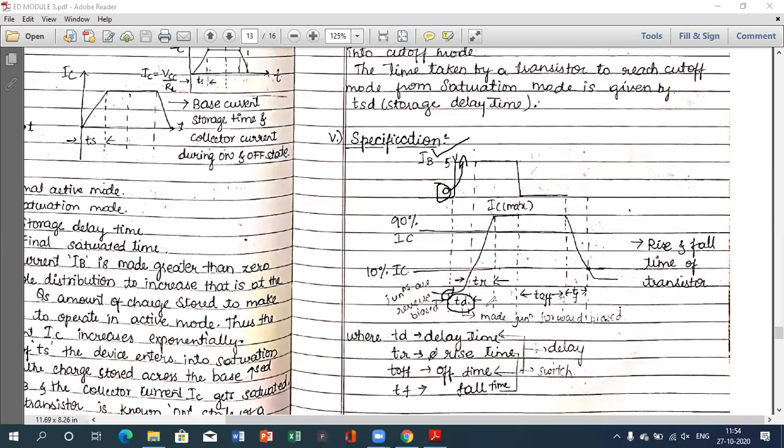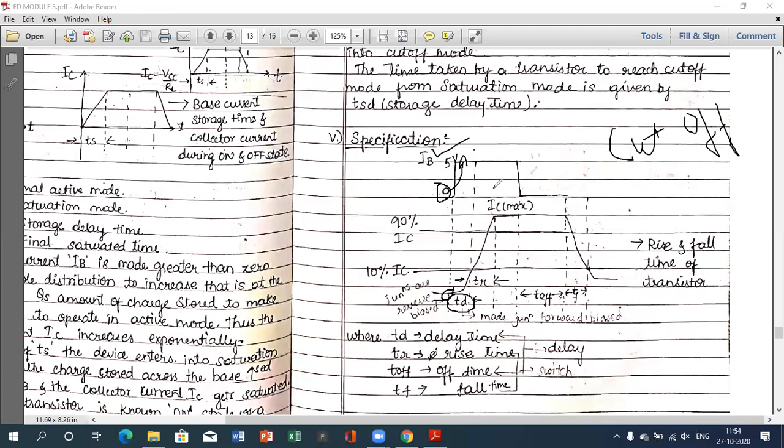When the base current is at 0, the transistor is in cutoff mode. I hope you guys know this, right?